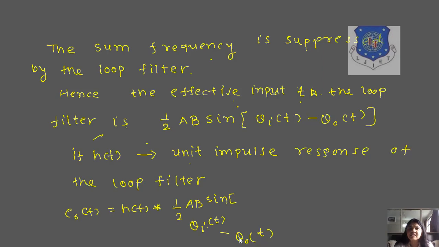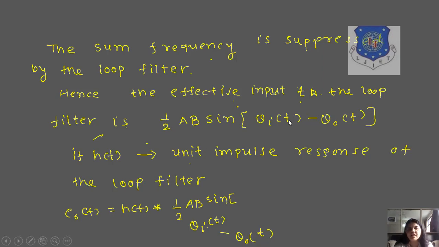Therefore, the effective input to the loop filter is 1/2 AB sin(theta_i(t) minus theta_0(t)). Now if h(t) is the unit impulse response of the loop filter, then E0(t) is equal to h(t) convolved with the low frequency component, 1/2 AB sin(theta_i(t) minus theta_0(t)).